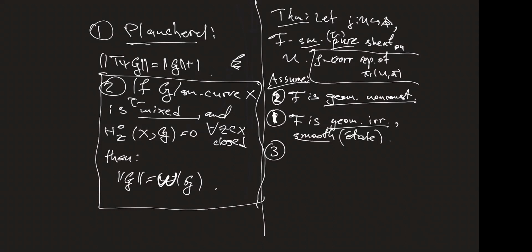And 3 is that F is unramified at infinity. You already assumed that it's smooth. Yeah, but I'm saying it's étale, I mean not a Weil sheaf. Yes, we can assume it by shifting the weights. I don't think it's going to matter much for the proof in any case. But when I refer to 1 later, I mean that F is geometrically reducible. 2 is that F is geometrically non-constant, and 3 is that F is unramified at infinity.